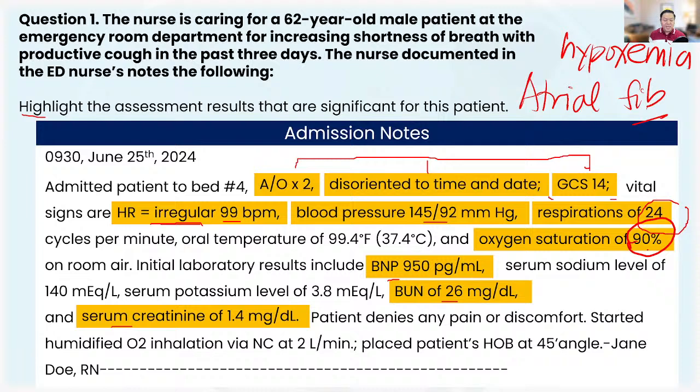Now, talking about the blood pressure here: 145/92. It's elevated, guys. So this indicates that hypertension is probably one of the contributing factors to why the patient has congestive heart failure. And this can worsen the heart failure if it is not controlled.